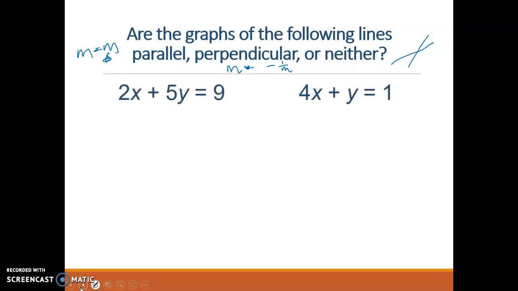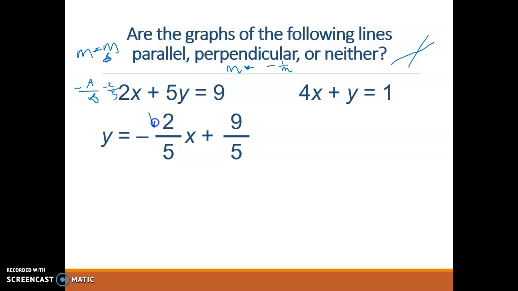So let's use our slopes to determine that. We have 2 different equations here. Let's go ahead and find the slope. We can do that by putting it into y equals mx plus b, or we can also do negative a/b. This particular line, we would get negative 2/5. And you see here, that's exactly what we found our slope was, negative 2/5.